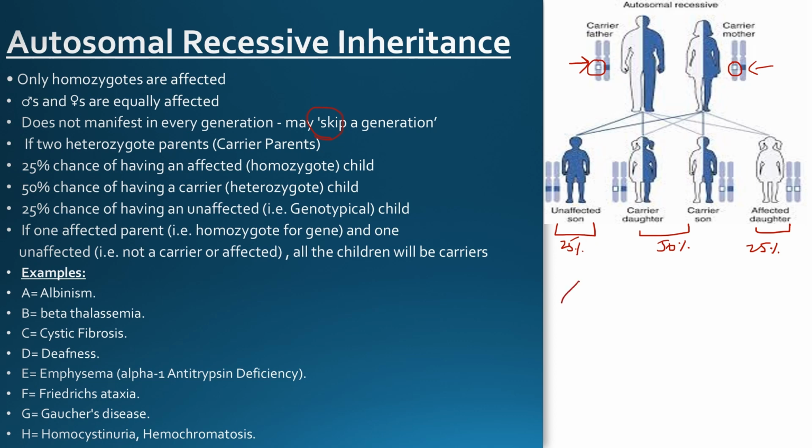Here's another example in which one parent is homozygous for the disease, whereas the other one is unaffected. Now, in this case, all of their children will be carriers. I'm changing the color.